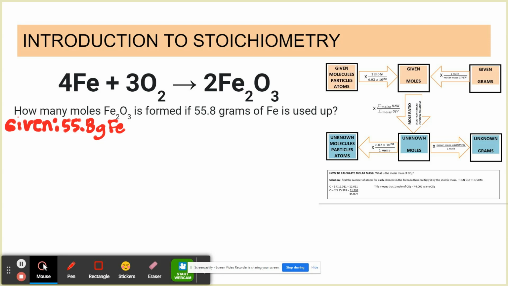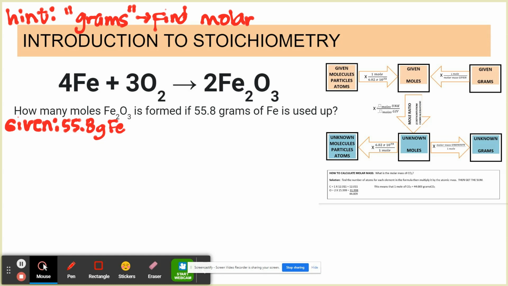Whenever you see the word grams, you have to find the molar mass. Get that? So again, whenever you see the word grams, you have to find the molar mass.